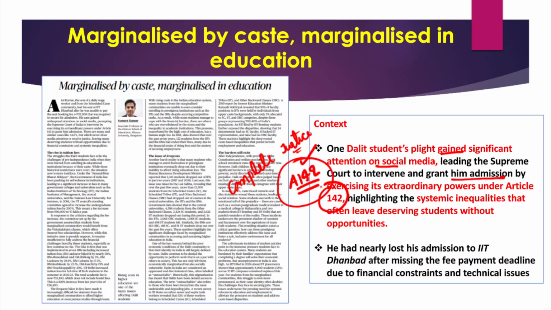So this issue that happened with this Dalit student in IIT Dhanbad has been highlighting systematic inequalities that are prevalent in our society. Because of these systematic inequalities, often deserving students are deprived of the opportunities to prove themselves, and that is a very serious issue.